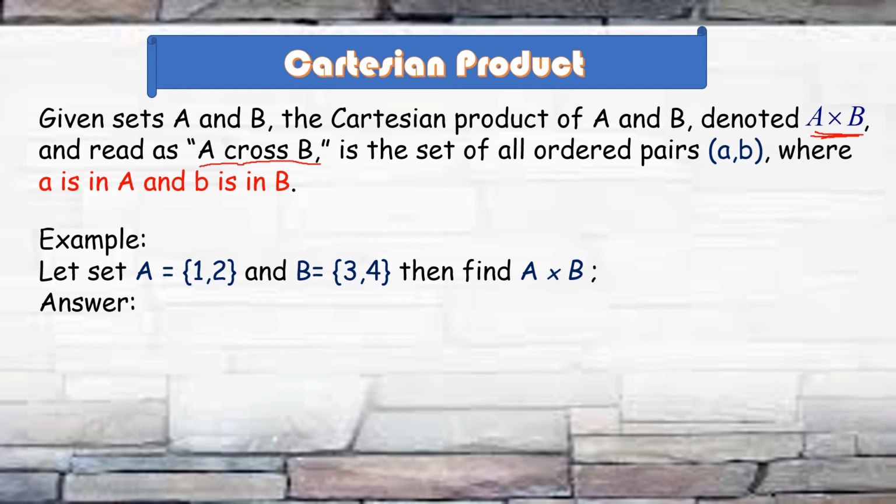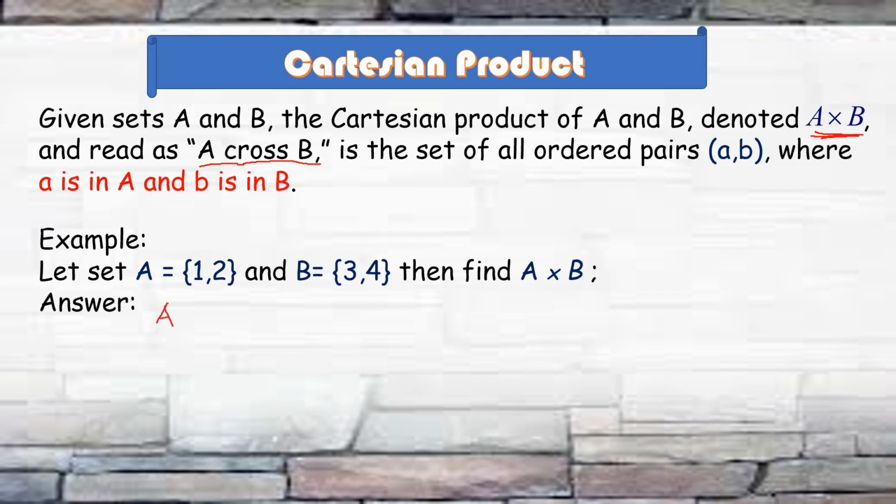Is the set of all ordered pairs where a is in A and b is in B. Halimbawa, if the set A has the elements of 1 and 2, and then set B is 3 and 4, then we will try to find the A cross B.